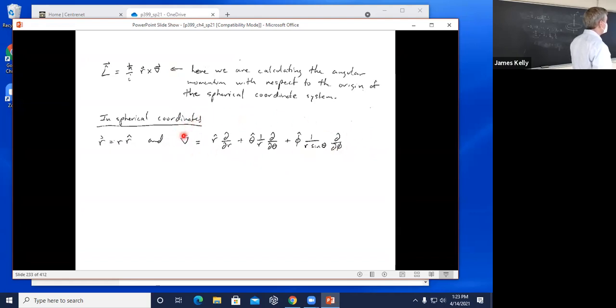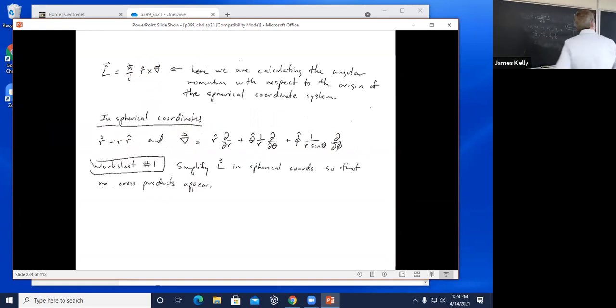This isn't too hard to figure out. The Laplacian in spherical coordinates is kind of bad to figure out, but here's an expression for del in spherical coordinates. And the expression for r vector, which we're crossing with del here, is just the magnitude of r in the r hat direction. So that's a nice simple thing. And we need to take a cross product between these two.